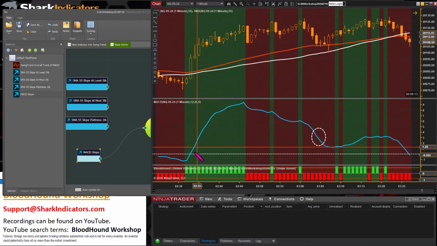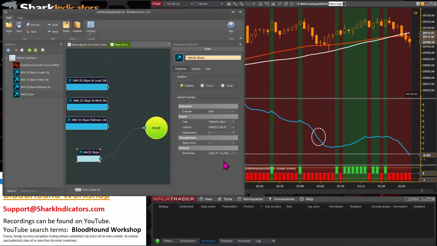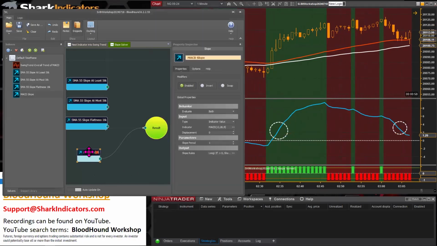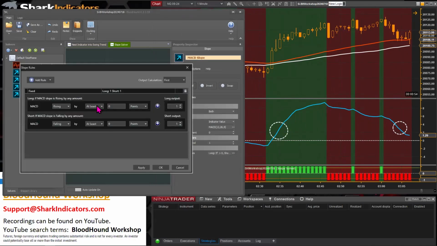And I think that's probably going to identify this quick rise upward as well. Those look to be about the same kind of amount of slope there. But let's go find out. There, put that on, move that over. All right, so we're going to look for at least, let's try 1 point of slope.